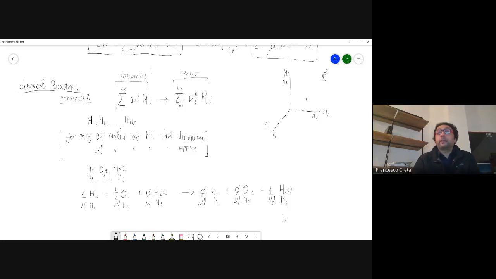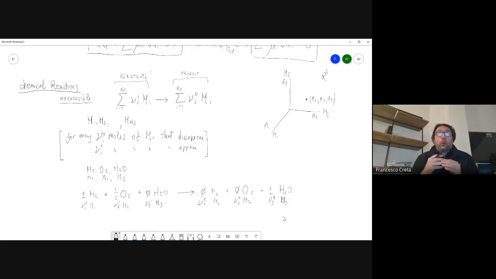A point in this space has coordinates, number of moles of 1, number of moles of 2, number of moles of 3. So it identically represents a composition of the chemical system, for example.